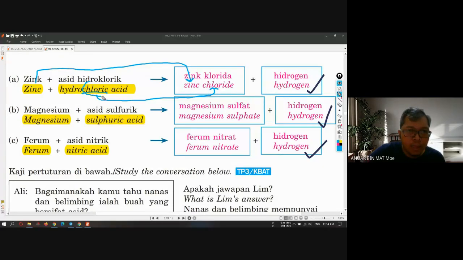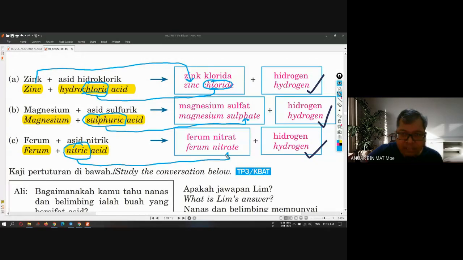Sulfuric here will become sulfate. Nitric here will become nitrate.